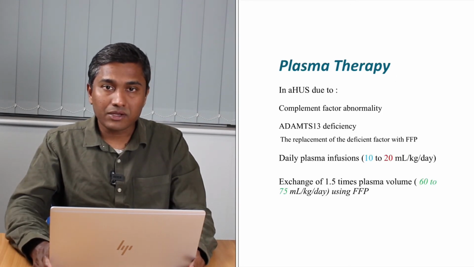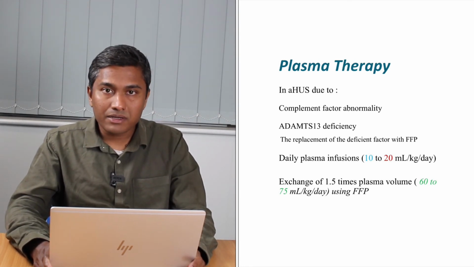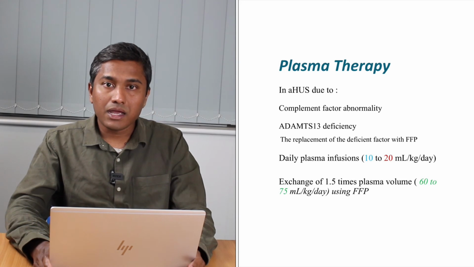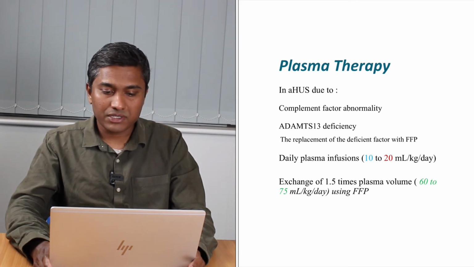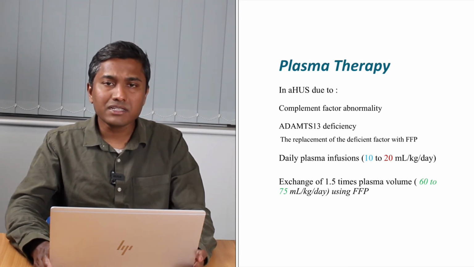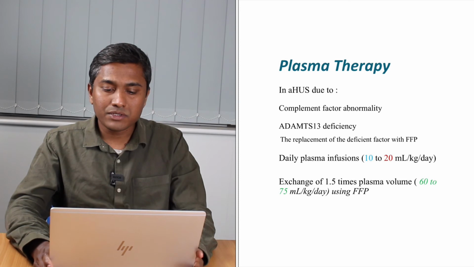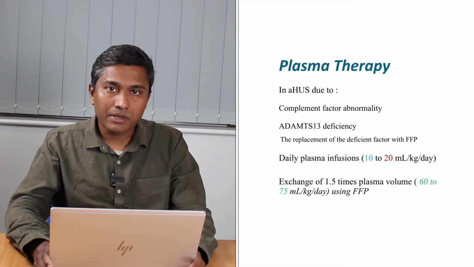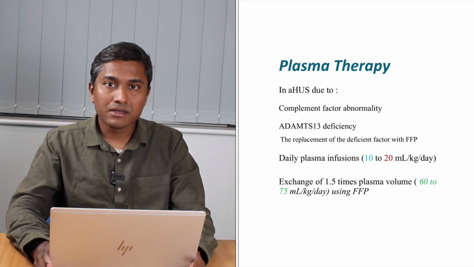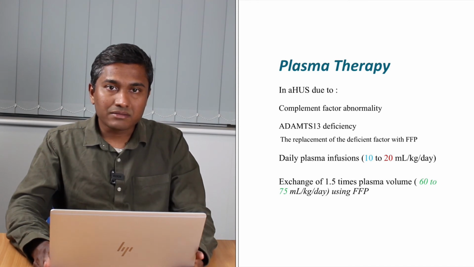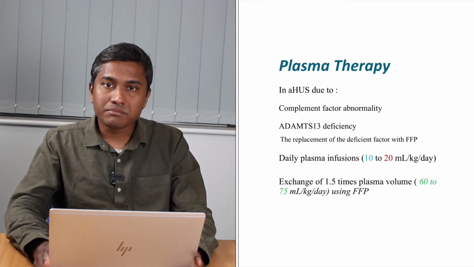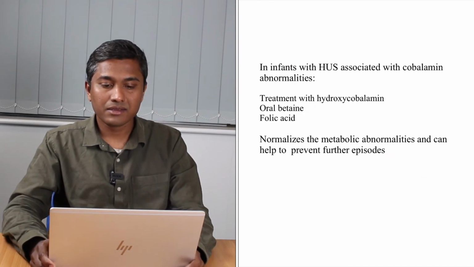Plasma therapy is indicated in atypical HUS, which is due to complement factor abnormality and ADAMTS13 deficiency. The replacement of deficient factor is done with FFP. Daily plasma infusions of 10 to 20 ml per kilo per day is done, and some patients may need exchange plasma transfusion.